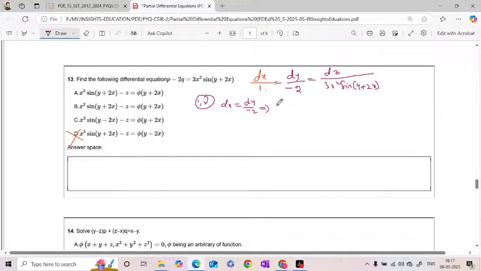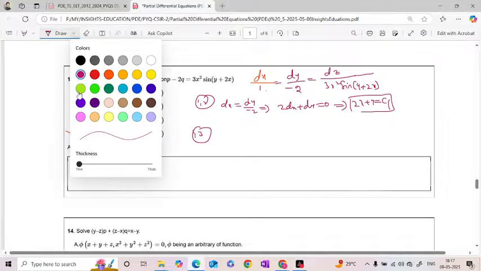So here 2 dx plus dy is equal to 0. That means our first solution is 2x plus y is equal to constant. First solution.